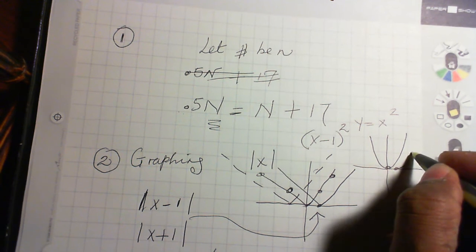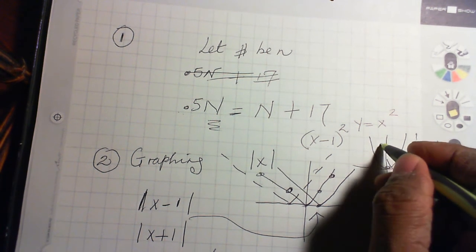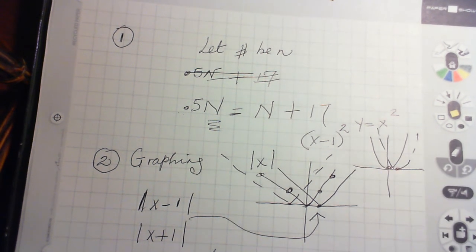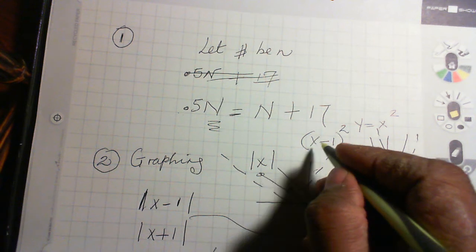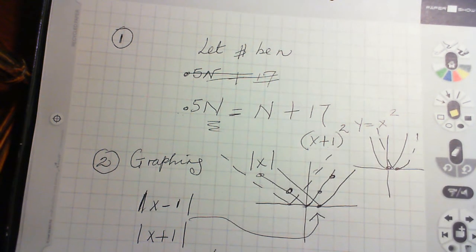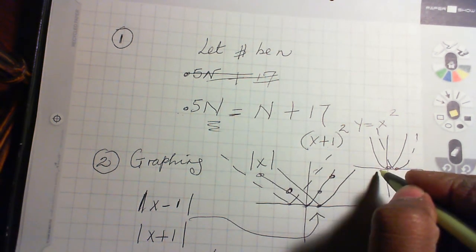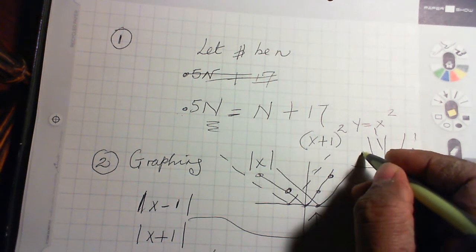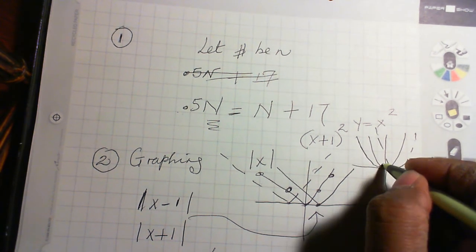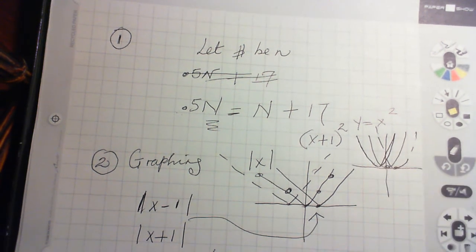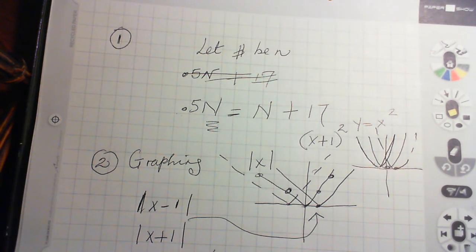If it is plus 1, then you would move the U to the left one. So you'll get this one. Okay, so remember this shifting of graphs to help you get the graph that you are looking for.